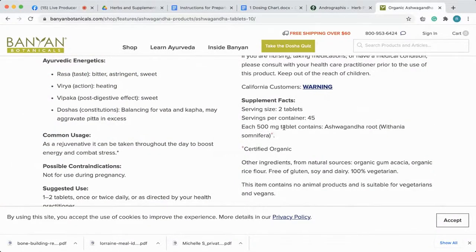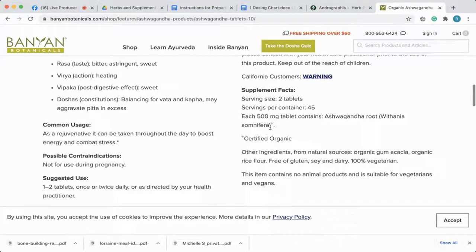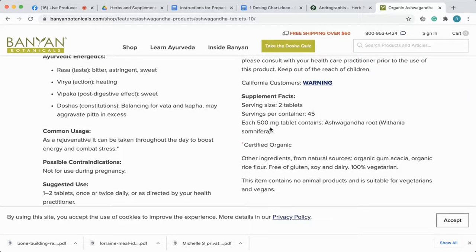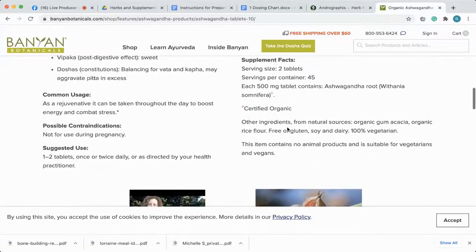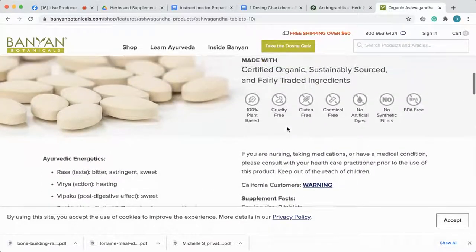But it just says 500 milligrams. It doesn't say proprietary extract or extracted herb. So we know this is just the herb itself. So to get 3 grams, to get the equivalent of 1 capsule of the Gaia, we would need 10 tablets a day of this product.